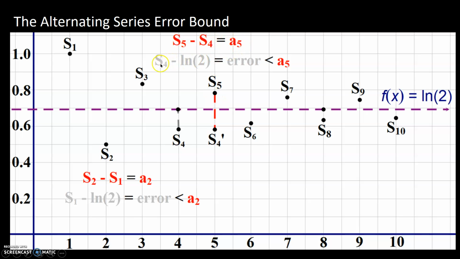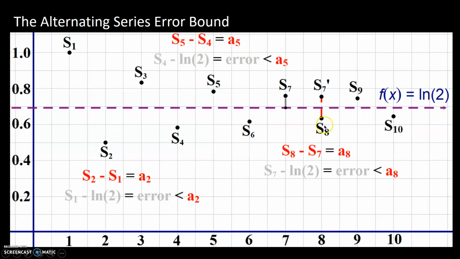So again, the fourth partial sum's error is less than A5. And lastly, we do the same argument again for the seventh partial sum. Its error is smaller than the distance between S7 and S8, which is A8, so A8 is definitely larger than the error from S7 to natural log 2.